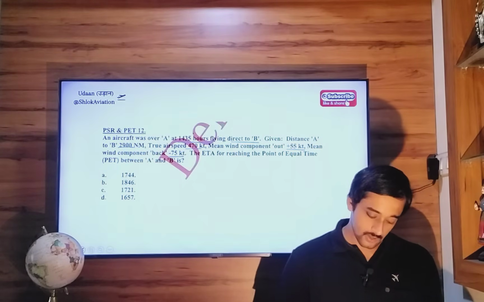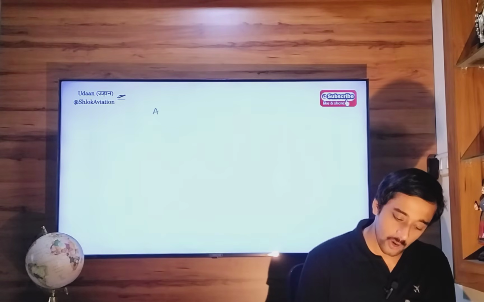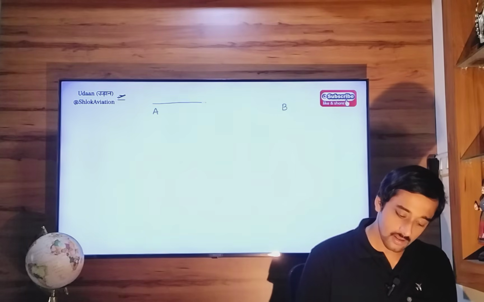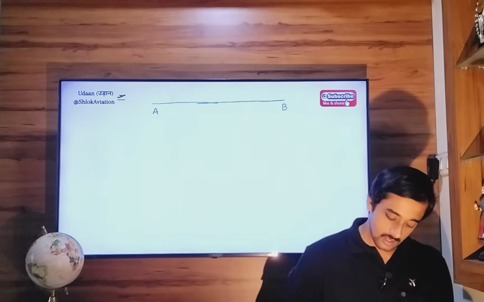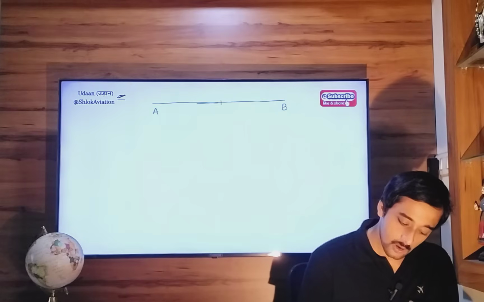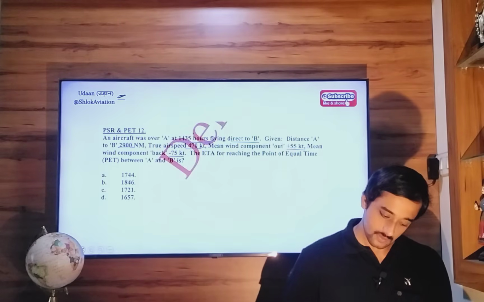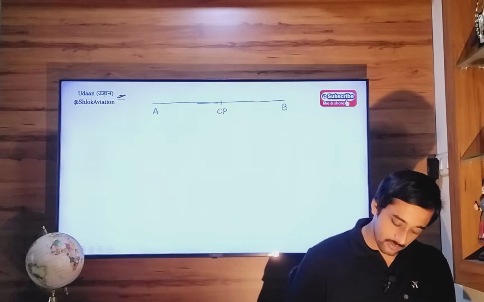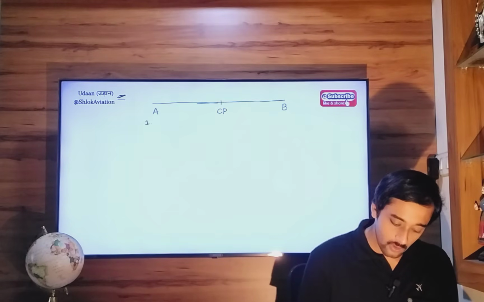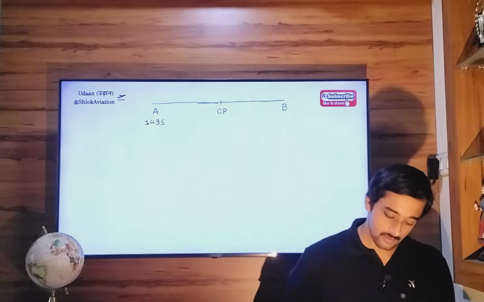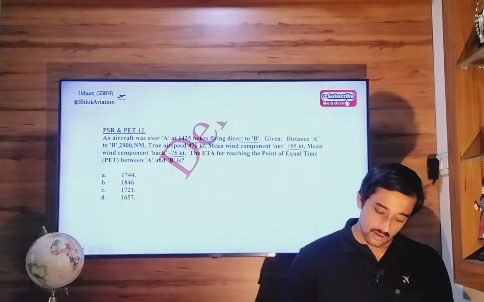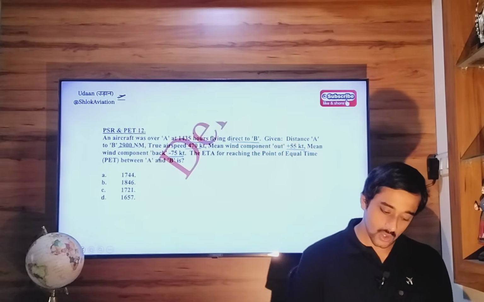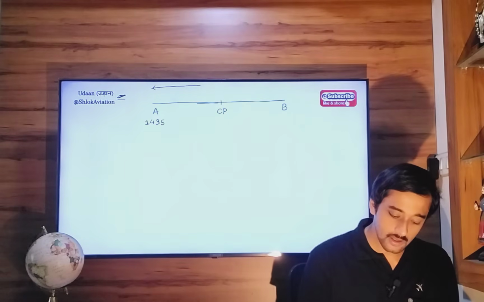What is the estimated time of arrival for reaching the point of equal time between Alpha and Bravo? Okay. So simple question, point A, point B. There is a point of equal time here or critical point. The time over A is 1435. Total distance is 2900.